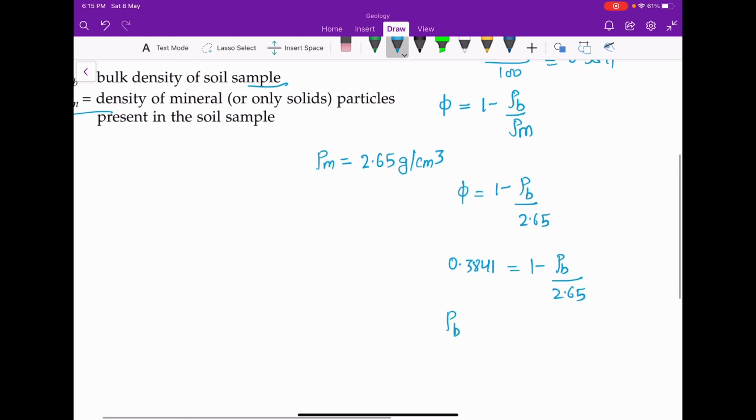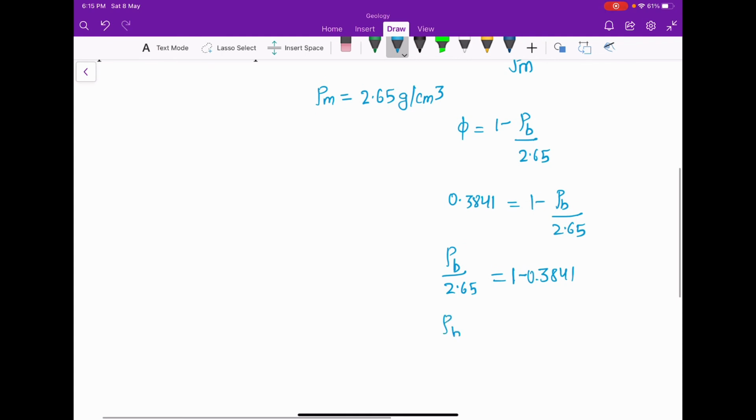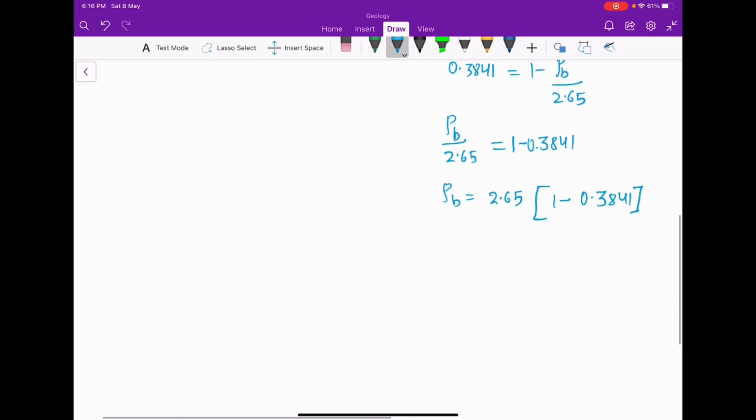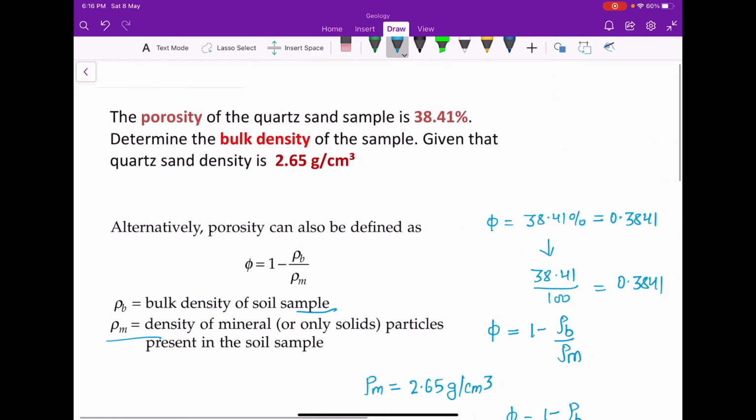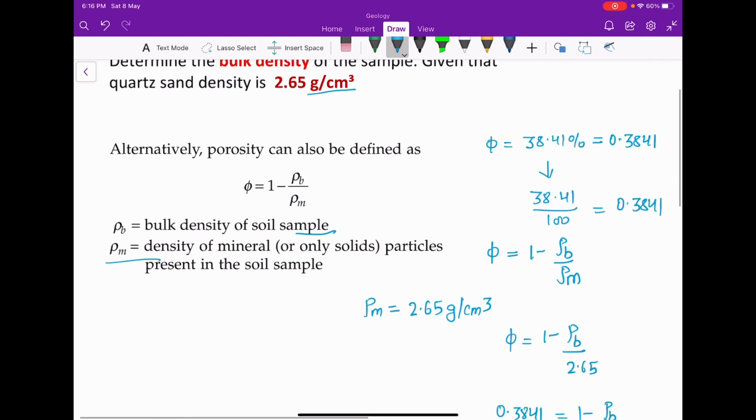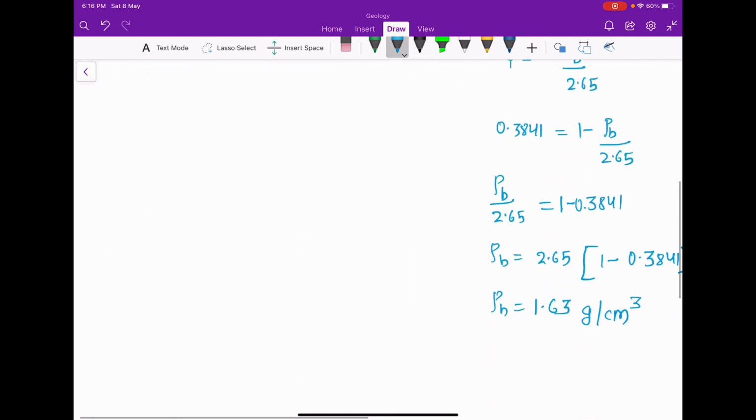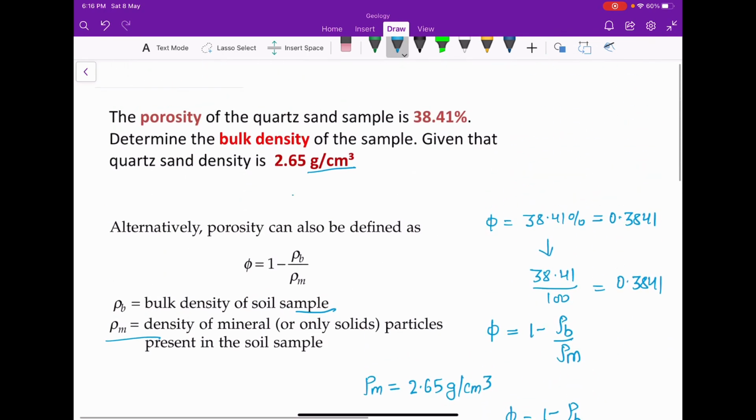So rho b divided by 2.65 equals 1 minus 0.3841, and rho b equals 2.65 times (1 minus 0.3841). That will give about 1.63 gram per centimeter cube, because the unit of rho m is gram per centimeter cube, so the unit of rho b will be gram per centimeter cube. So the bulk density will be 1.63. The answer is 1.63 gram per centimeter cube.